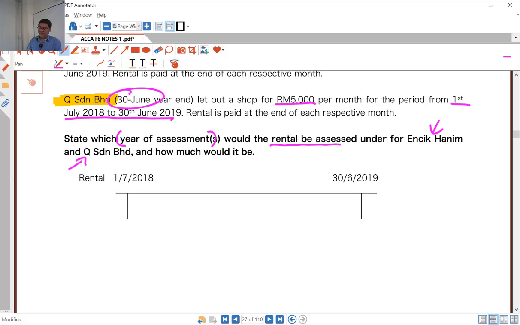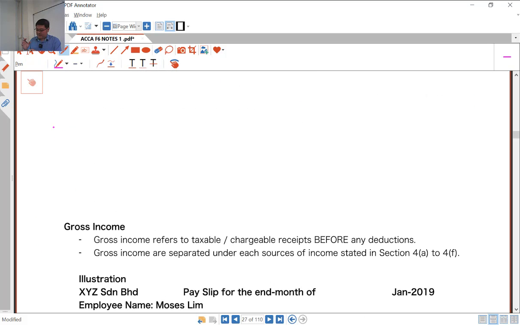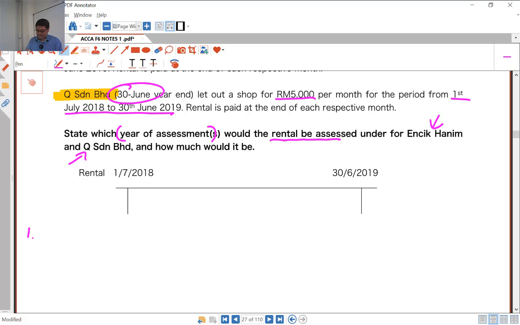Now, if I start with Hanim, I know the rule for an individual is it must apply what? The basis year, right? You don't have a choice. You must use the calendar year. Now, because you must use the calendar year, when you look at the rental period, July 18 to June 19, which period will the rental fall under?